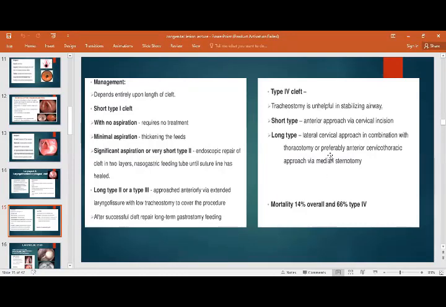There are different approaches, and in the long cases we'll go for thoracotomy as well as median sternotomy. But mortality is 14% overall and 66% in type 4. This is the most serious type, and mortality is very high.